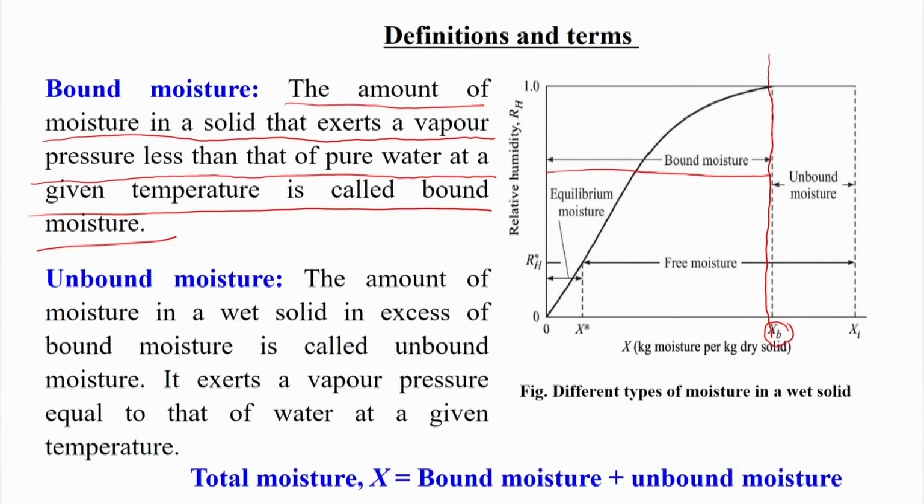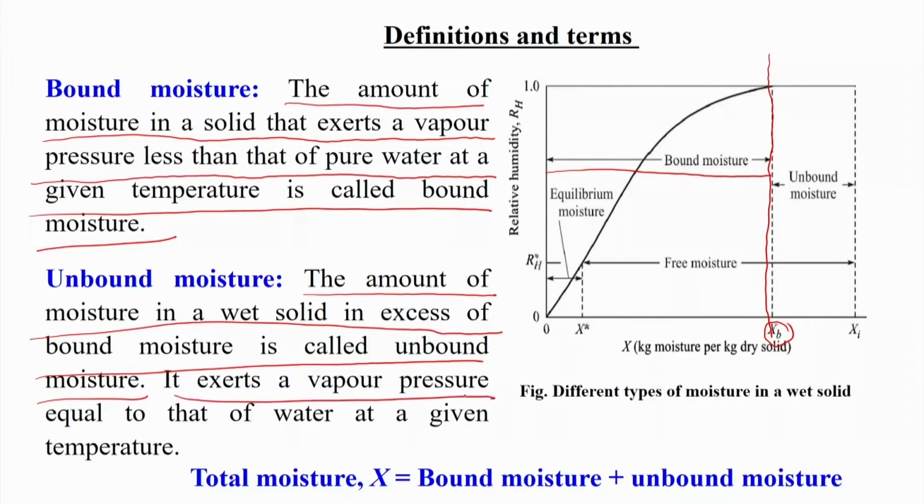Then there is unbound moisture: the total moisture content minus the bound moisture gives the unbound moisture. That is, the amount of moisture in a wet solid in excess of the bound moisture is called the unbound moisture, and it exerts a vapor pressure equal to that of water at the given temperature and pressure.